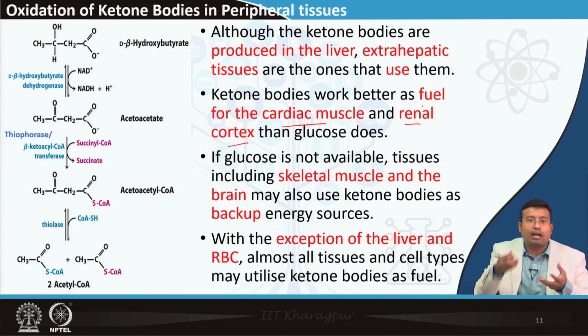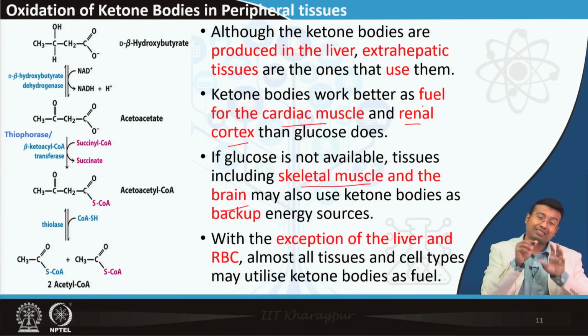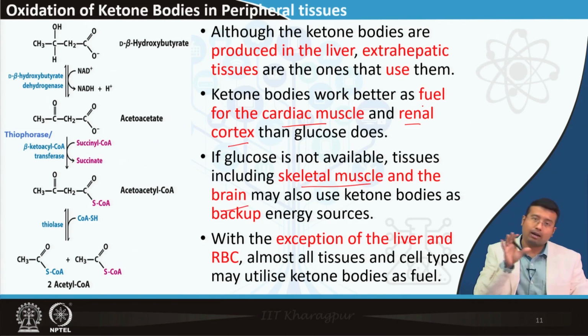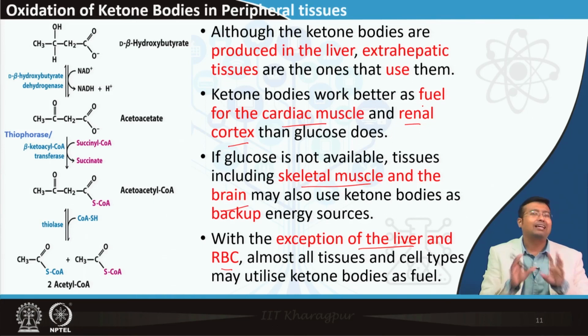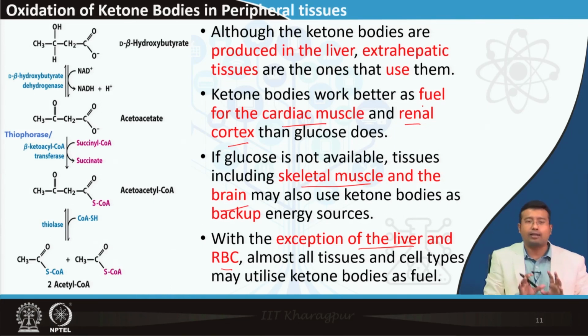So, our body has adapted in such a way that even when glucose is absent, tissues like brain and skeletal muscle can still function with ketone body as backup energy sources, right. So, basically with the exception of liver and RBC, almost all tissues can use ketone body as fuel in emergency situations.